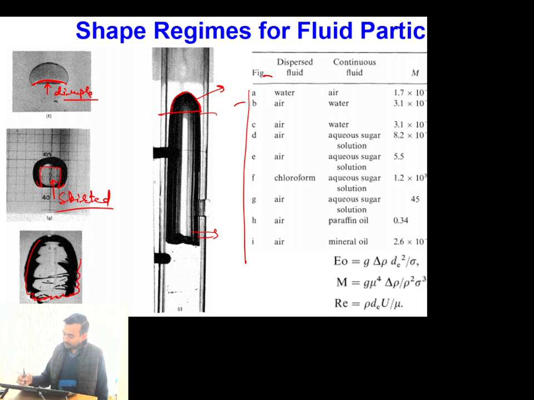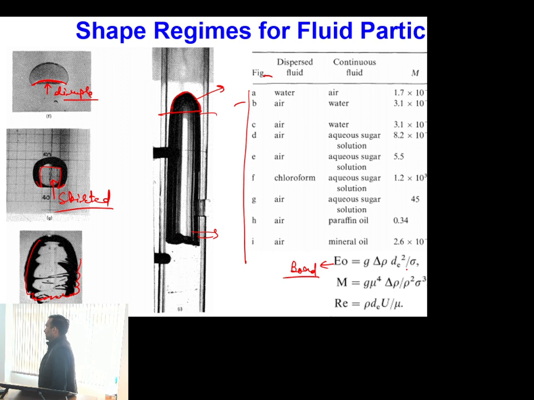Depending upon the corresponding properties, first is the Eötvös number, also called the Bond number. Bond number is delta rho g d squared, where d is the length scale, divided by sigma. So it is the balance of buoyancy and surface tension forces. Second is the Morton number.